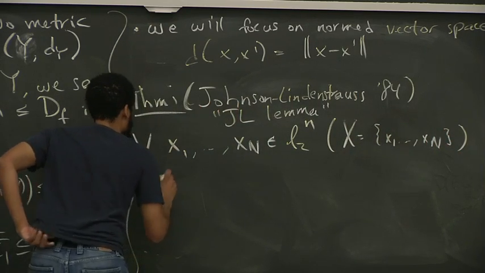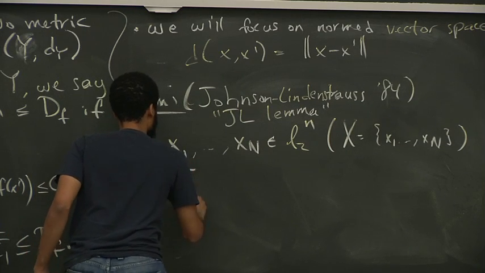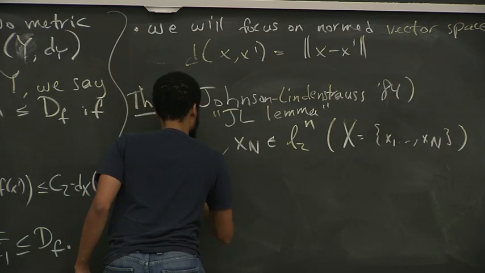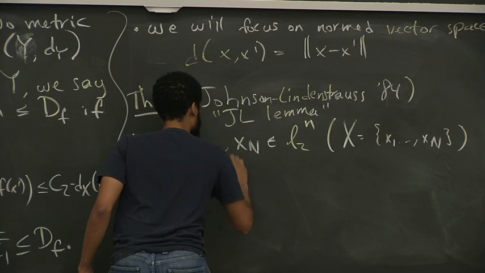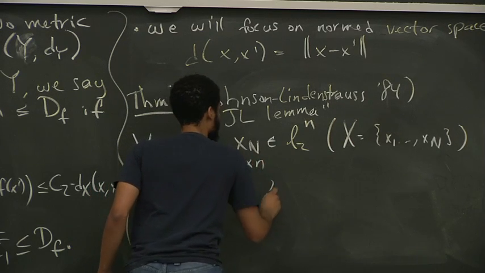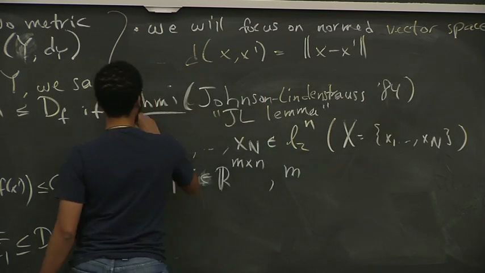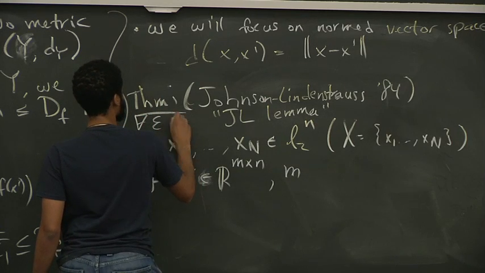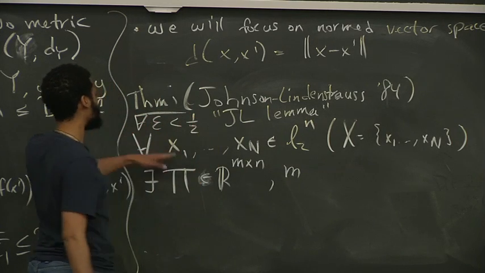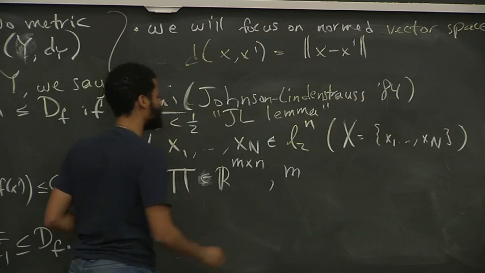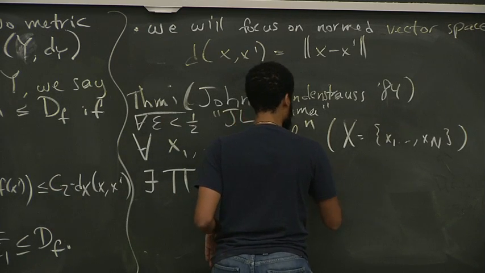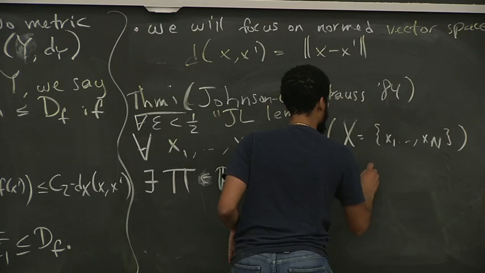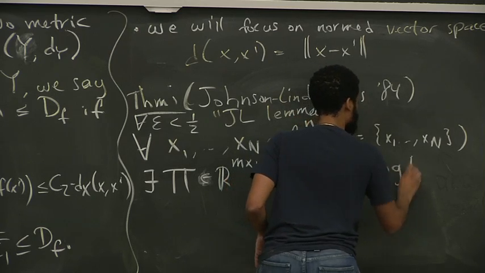There exists a matrix, and also I should say for all epsilon. For all epsilon, for all sets of points, there exists a matrix with the number of dimensions being 1 over epsilon squared times log N, the number of points.